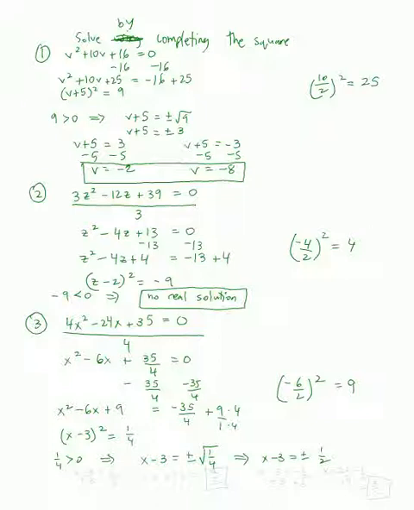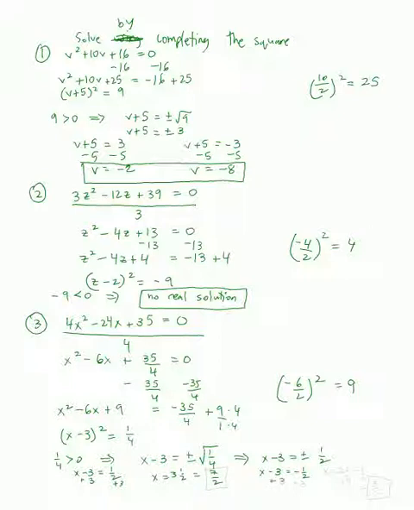That means that x minus 3 equals a half, and x minus 3 equals negative 1/2. For this one, I add 3 to both sides. I get x equals 3.5, which is the same as 7 over 2.